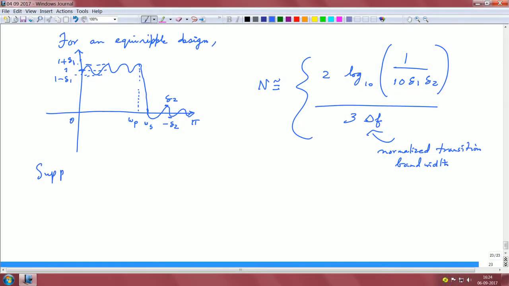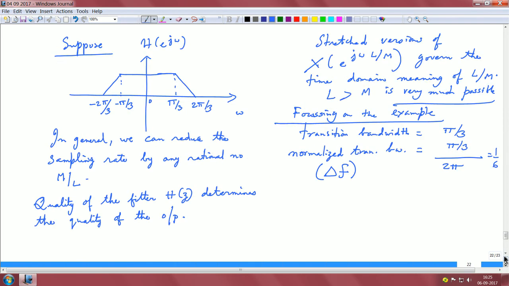So, now suppose delta 1 equals delta 2 equals 0.01 for an equiripple filter, right, and delta f per our calculations in the previous slide is basically 1 upon 6, right.